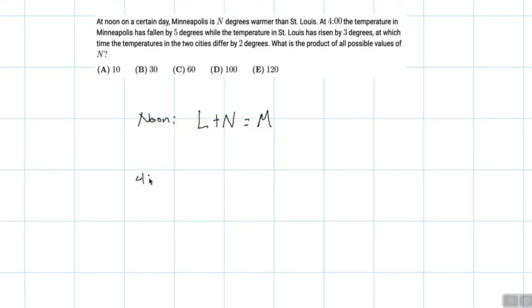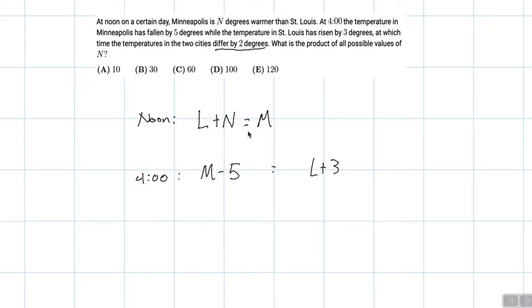At 4 o'clock, it's true that when the temperature has fallen in Minneapolis by 5 degrees, we have the temperature in St. Louis has risen by 3 degrees. There are two different scenarios here because we just know that the temperature in the two cities differs by 2 degrees.